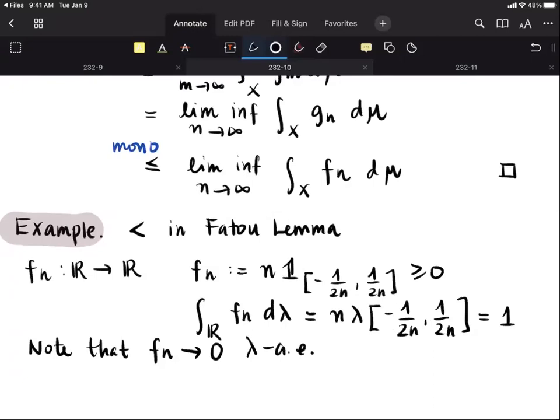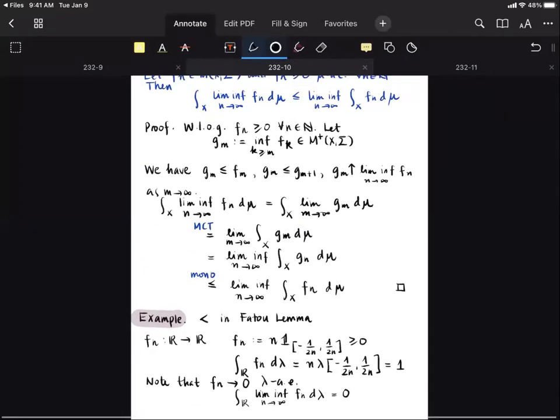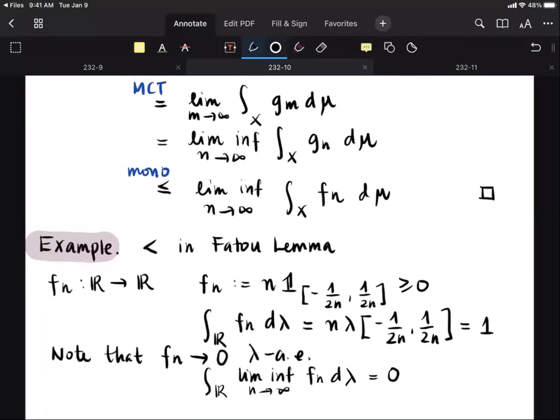So the integral of the limit inferior, which is in this case the same as the limit, is 0. Okay, so the left-hand side in Fatou's lemma is 0, while the right-hand side is equal to 1. So here we have an example where a strict inequality holds for Fatou's lemma.